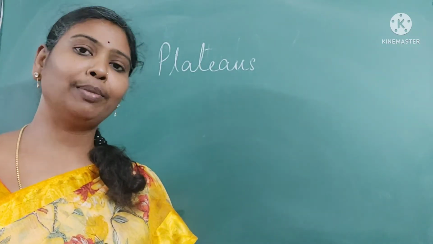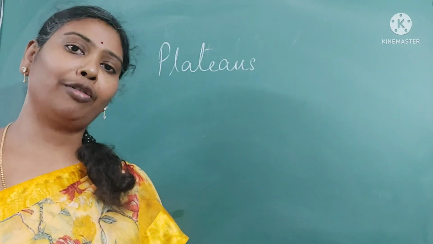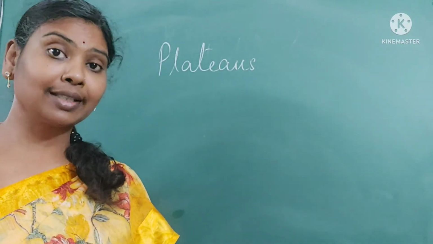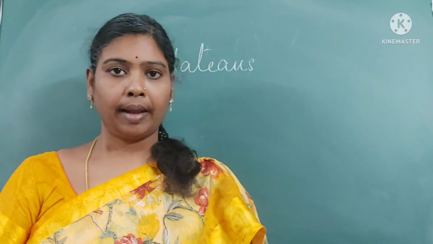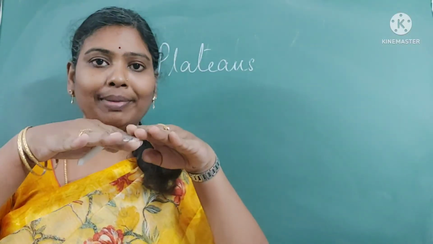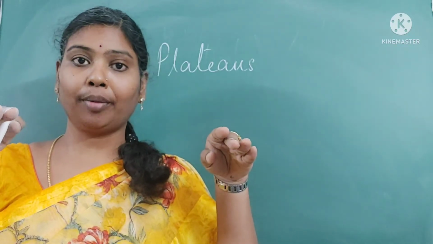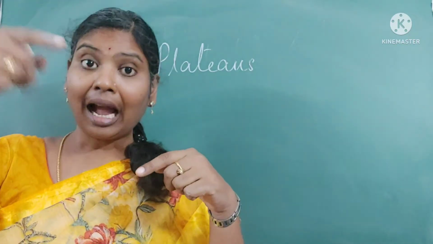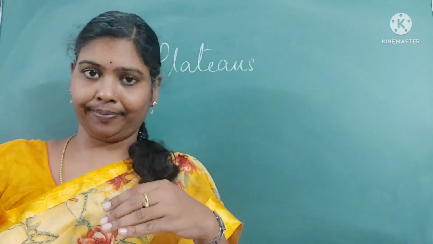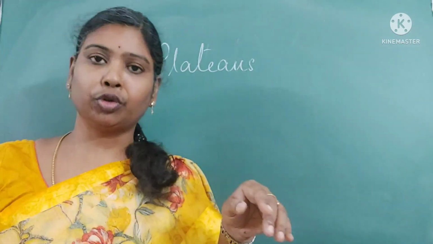Plateaus have a lot of limestone, rocks, sandstone. Plateaus have a very large area on the top, and the rock strata will be undulating, meaning rough, wavy, not very smooth.